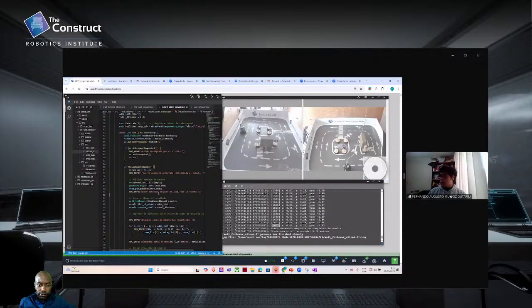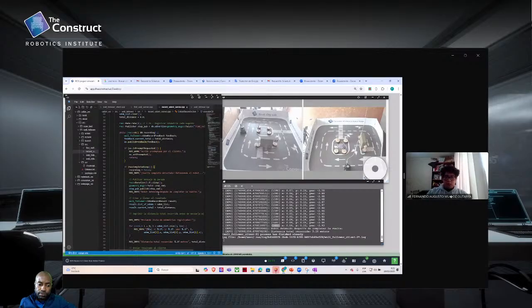It checks if the client has canceled the action. It evaluates whether the robot has completed a full loop, and if it has completed the lap, the robot is stopped.